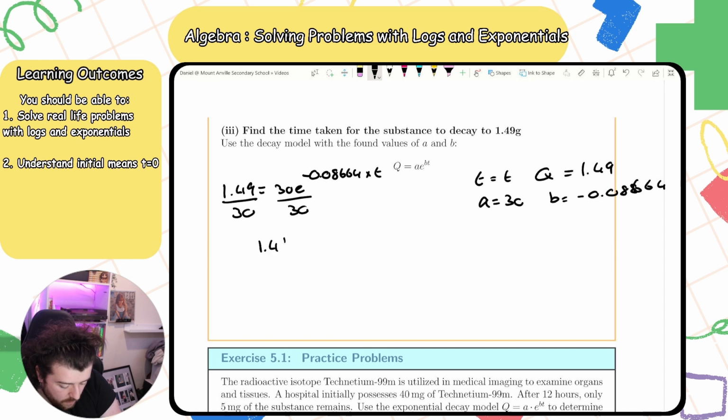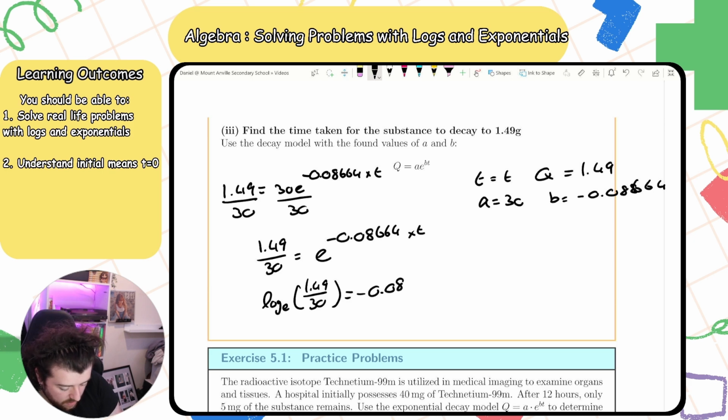So 1.49 over 30 equals e to the power of minus 0.08664 times t. Convert to log form, so log base e, or ln, of 1.49 over 30 is equal to minus 0.08664t. Divide both sides by minus 0.08664. Divide both sides by that.